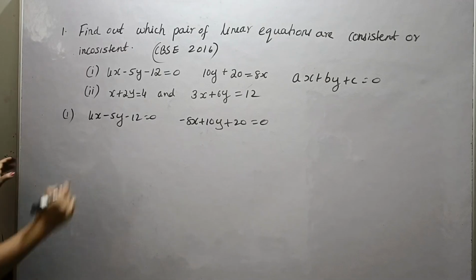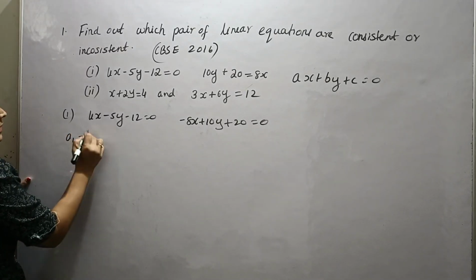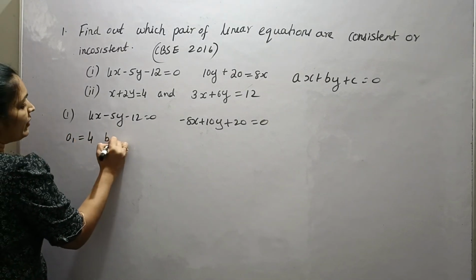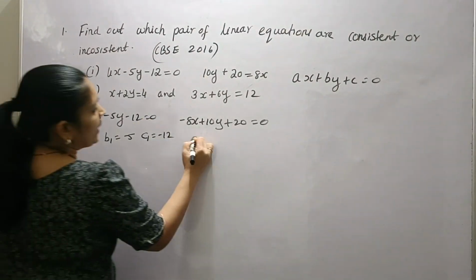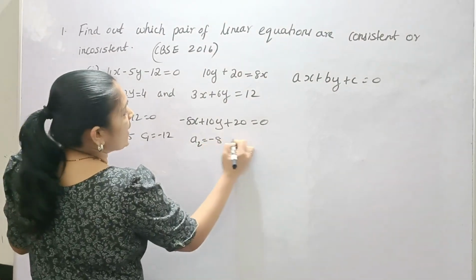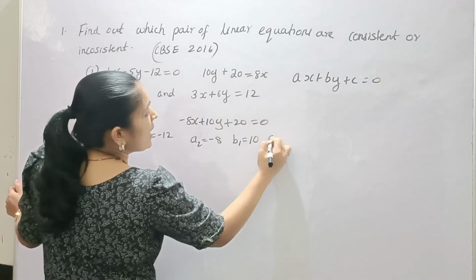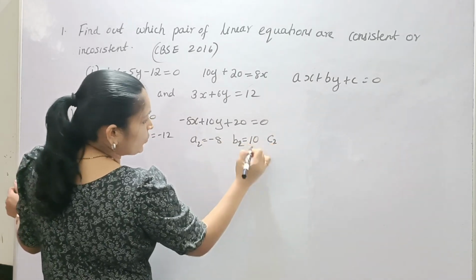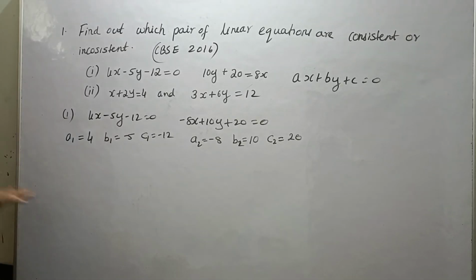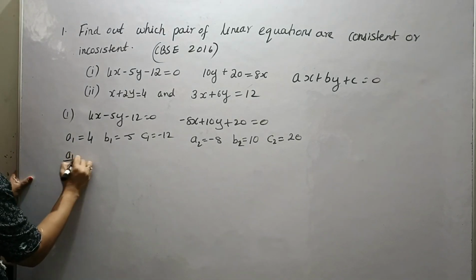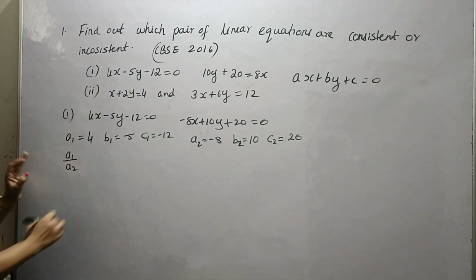After that let's write a1 is equal to 4, b1 is equal to minus 5, c1 is equal to minus 12, a2 is equal to minus 8, b2 is equal to 10, c2 is equal to 20.